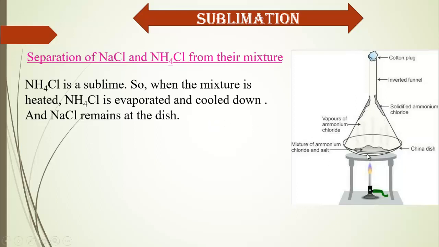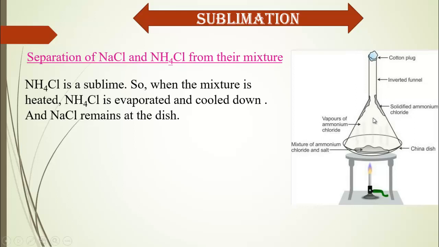Now what will happen when we heat the salt mixture using a burner, Bunsen burner or spirit lamp? After some time the ammonium chloride starts to convert into vapor, isn't it? This is the vapor of ammonium chloride, and when it reaches this area, there is ice, that is, the temperature is cooled by ice or water.